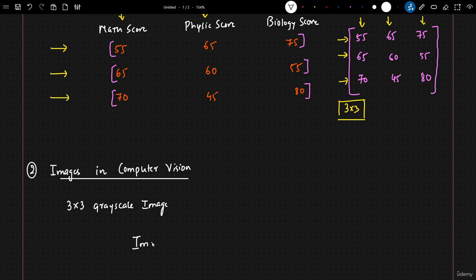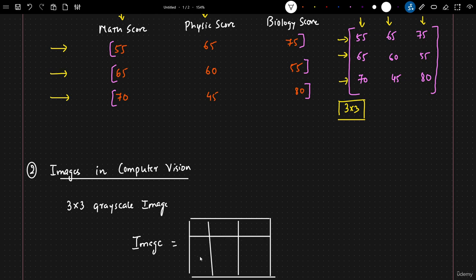So this image can be represented by 3 cross 3 pixels, right? Let's say these are my 3 cross 3 pixels. So here I have 0, let's say this number is 128, this number is 255, this number is 255, 128, 0, 128, 255, and 128, okay?